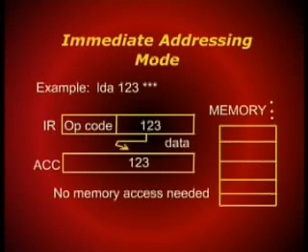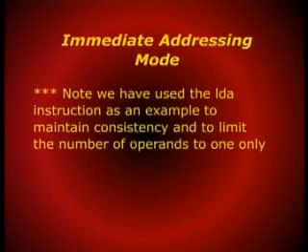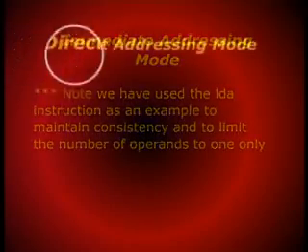After this particular instruction is executed, the accumulator would contain 123. Note here that we have used the load A instruction as an example to maintain consistency and to limit the number of operands to only 1.